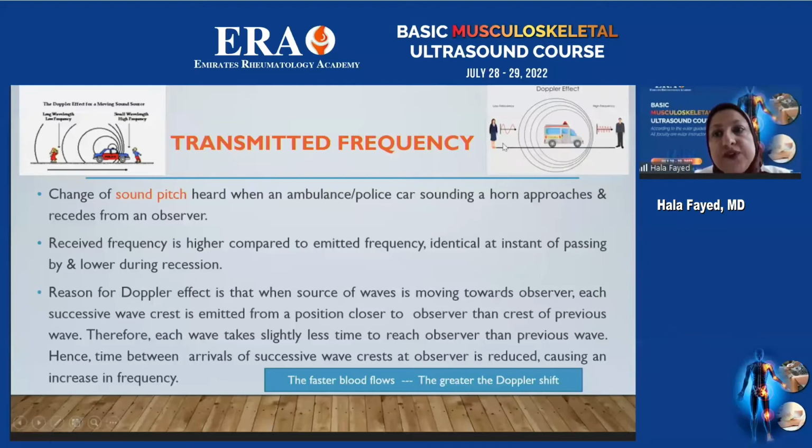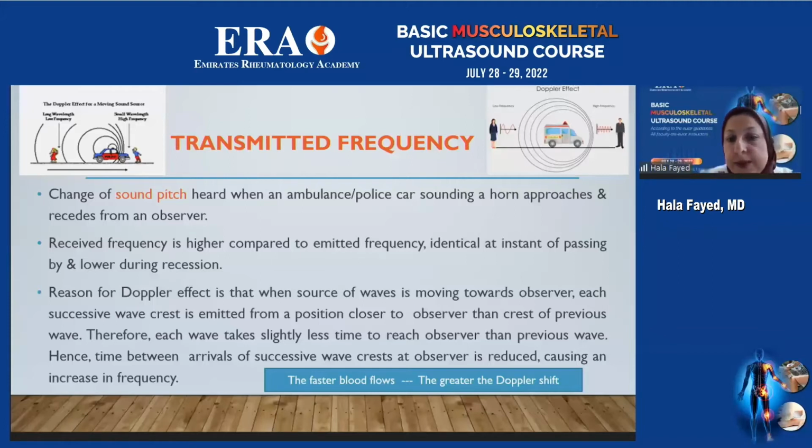This is due to the difference in frequency, because as the car moves, the sound wave frequency is low behind due to rarefaction, and high in front of the car due to compression of the sound waves. So with the change of sound pitch when an ambulance or police car sounding a horn approaches and recedes from an observer, the received frequency is higher compared to the emitted frequency, identical at the instant of passing by, and lower during recession. The only one who hears the actual sound frequency is the one inside the car.